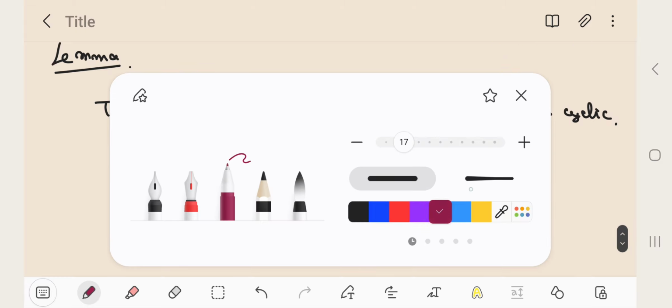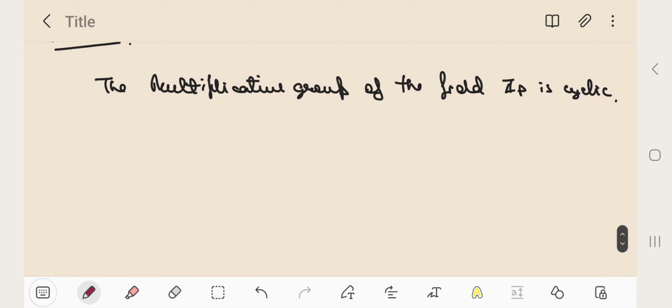Let's start with the proof of this, and to prove this we need a small notion, which I'm adding as a remark.